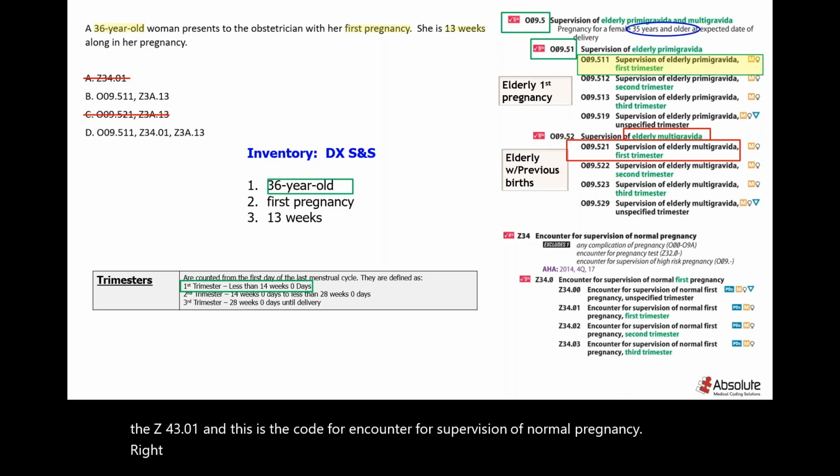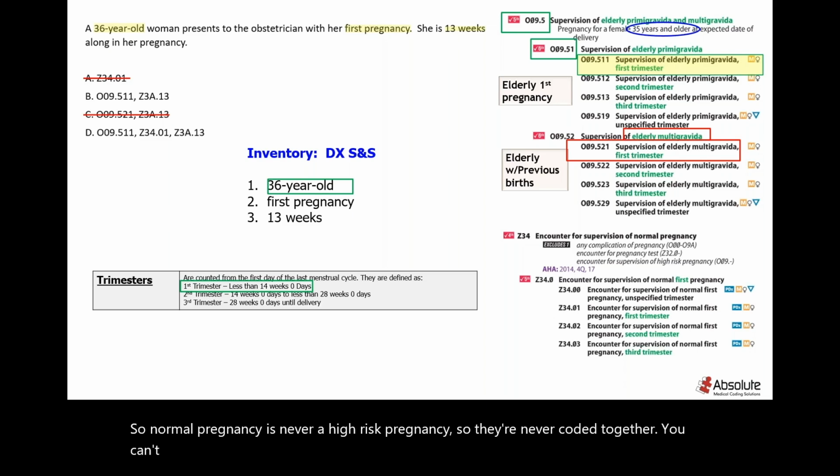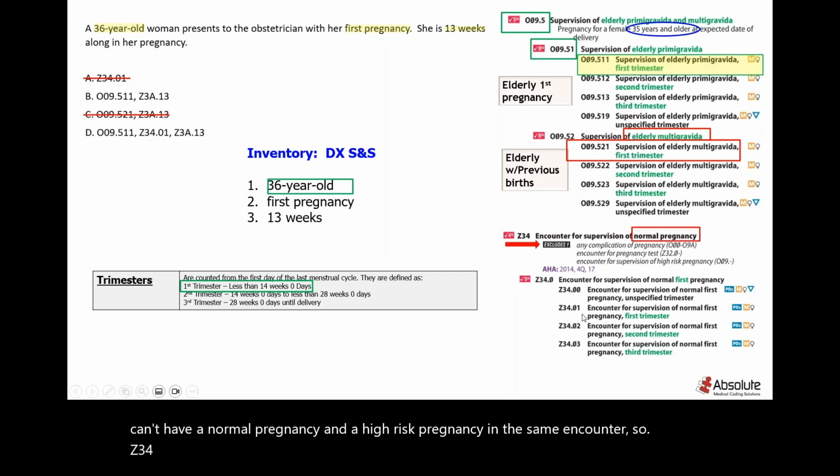Yeah. So normal pregnancy is never a high risk pregnancy. So they're never coded together. You can't have a normal pregnancy and a high risk pregnancy in the same encounter. So Z34.01 is incorrect.